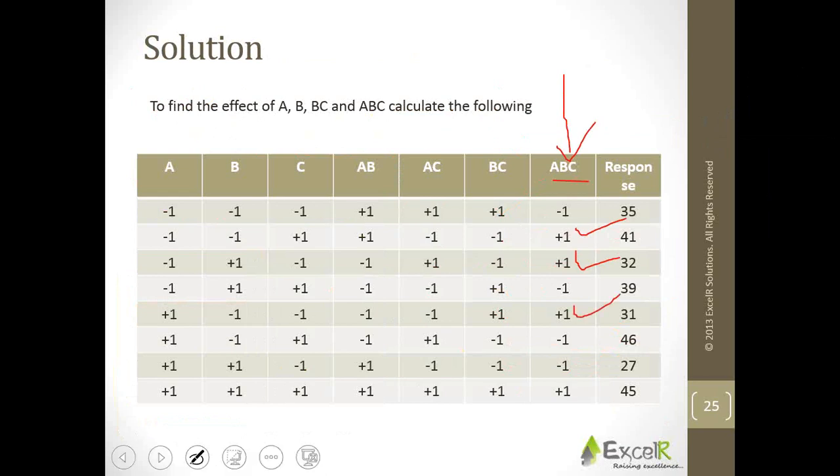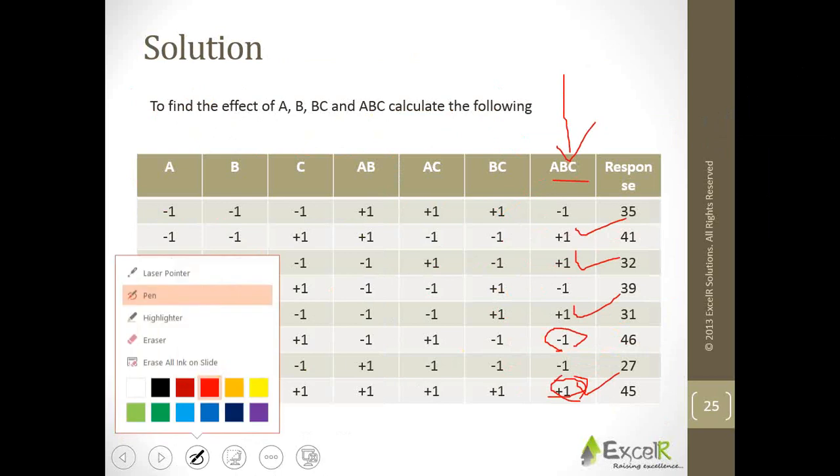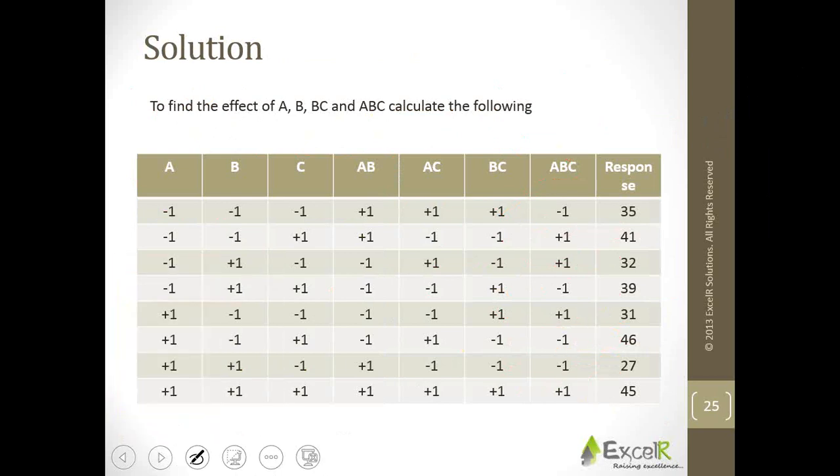Sum up all the corresponding response values against +1 and also sum up all the response values against -1 and then subtract these two. Divide it by 4. Why are we dividing it by 4? Because it's the number of +1s or -1s. So the number of +1s is 1, 2, 3, 4. Or if you take the -1s, there are 4. 1, 2, 3, 4.